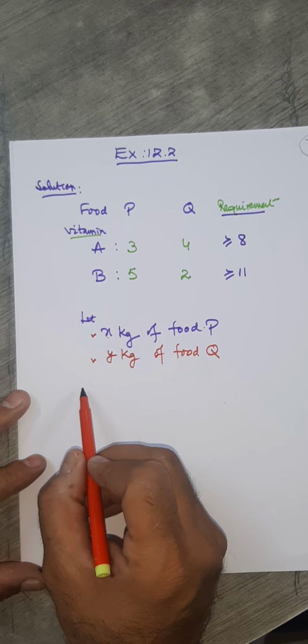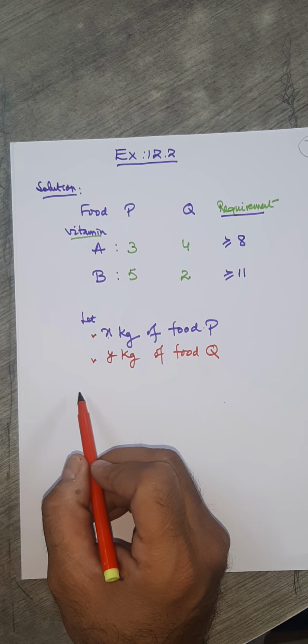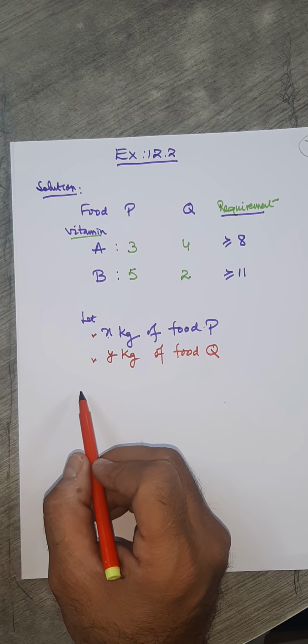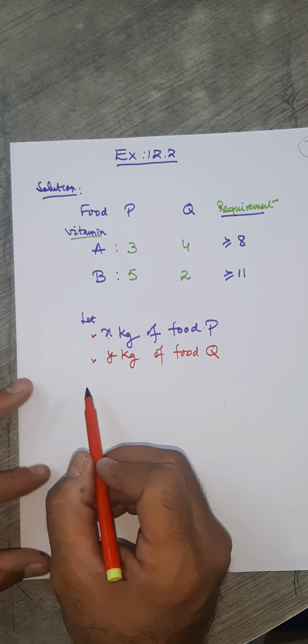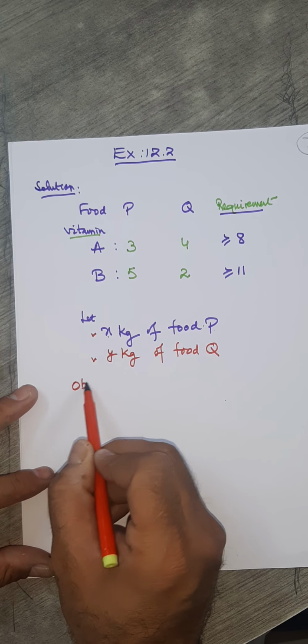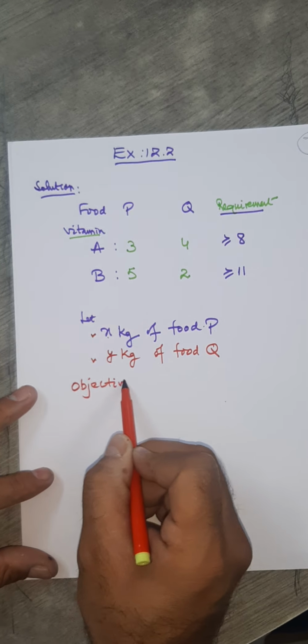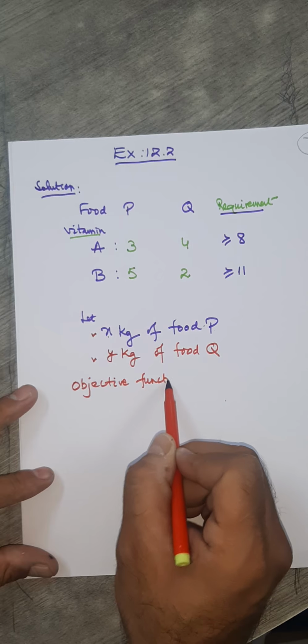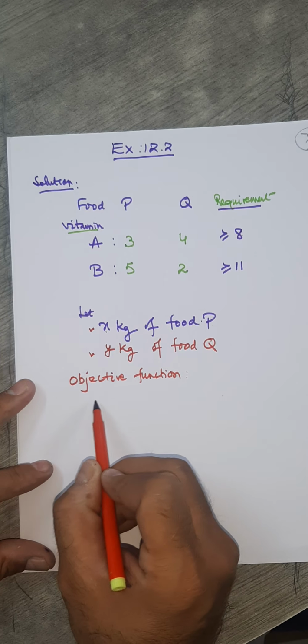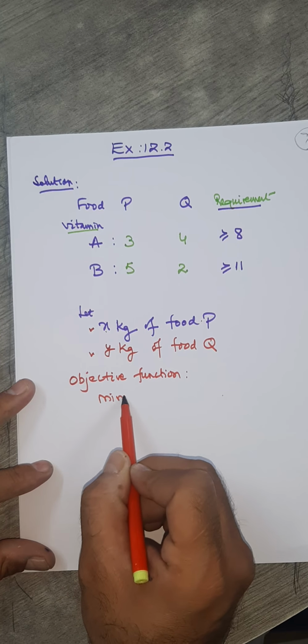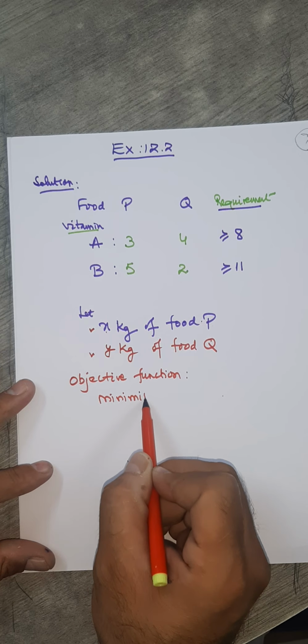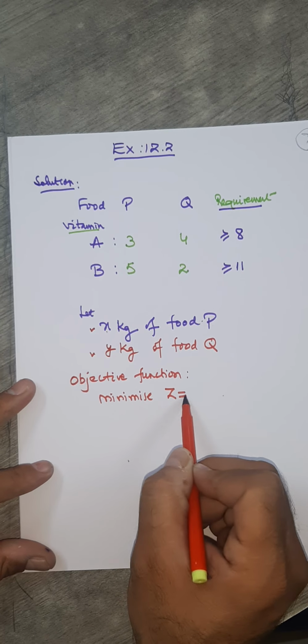Now what do you want to minimize? Determine the minimum cost. In every LP problem, it is either minimization or maximization. So our objective function is about the cost: minimize z equals cost.